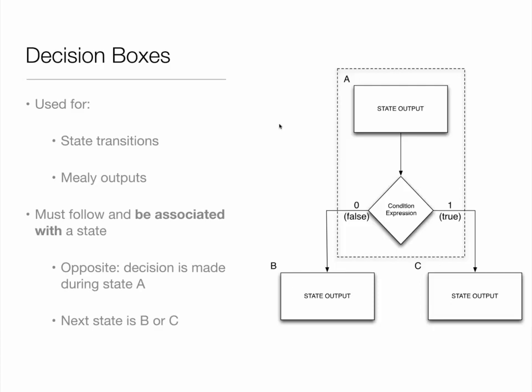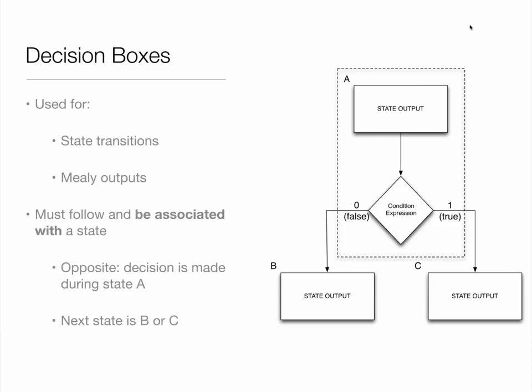Okay, now decision boxes, state transitions and Mealy outputs. Let's start with state transitions, which is what this one is showing. Now, a condition box, in the case of a state transition, is saying what is the next state.